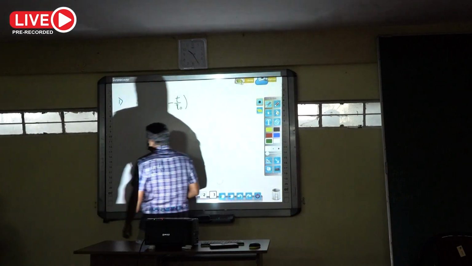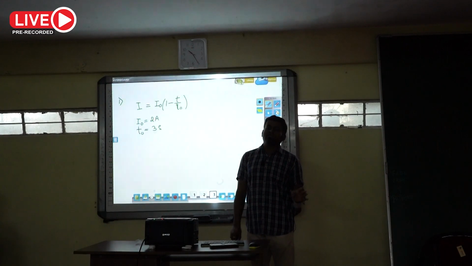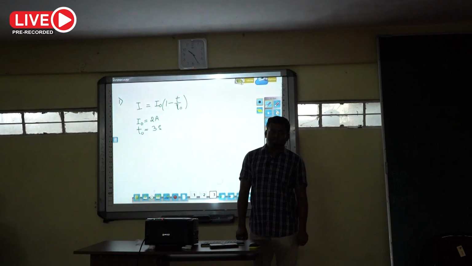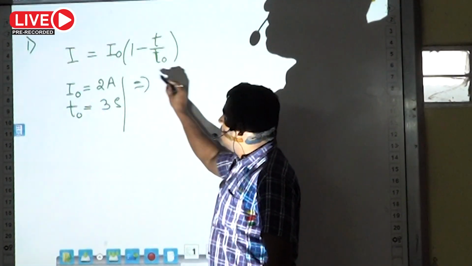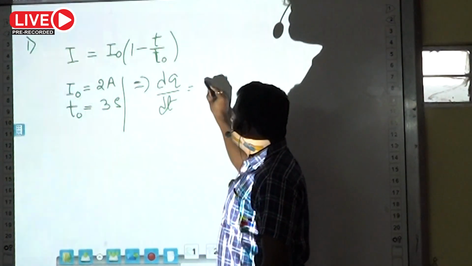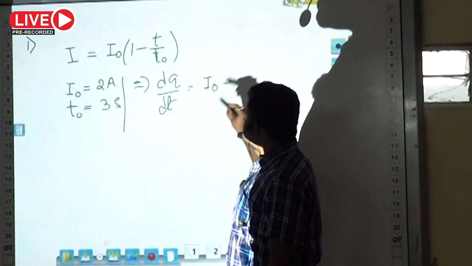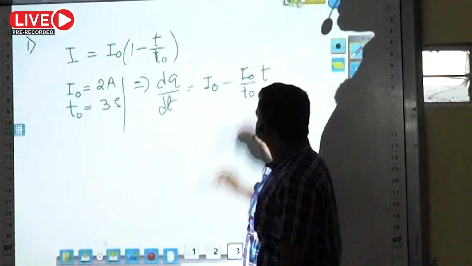See, the first one is a straightforward method. Just integrate to find q, because from that I can write I equal to dq by dt, that is equal to I naught minus I naught by T naught, because both are constant, into t.